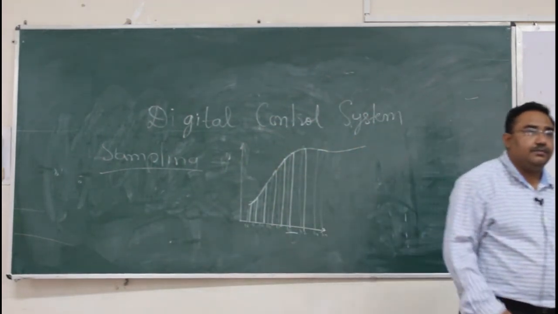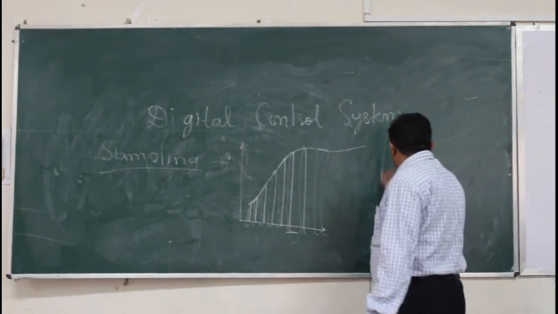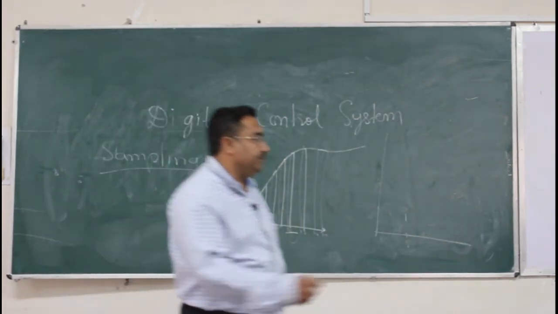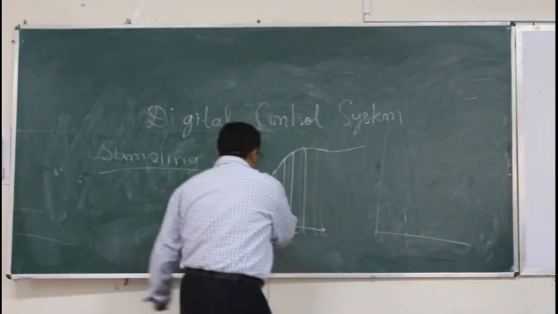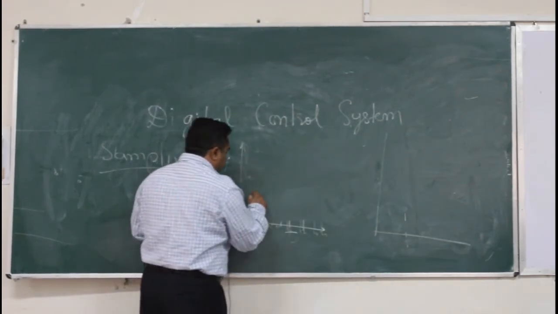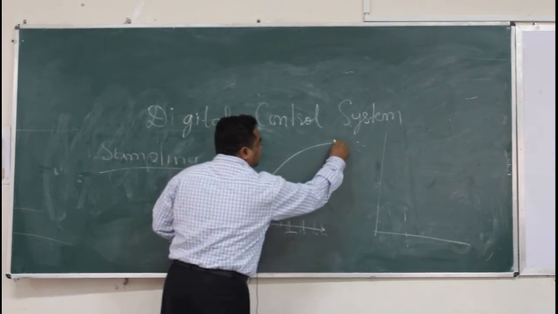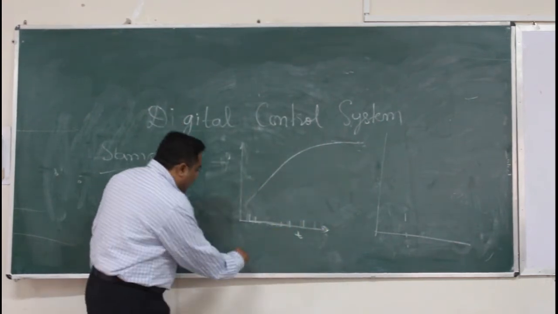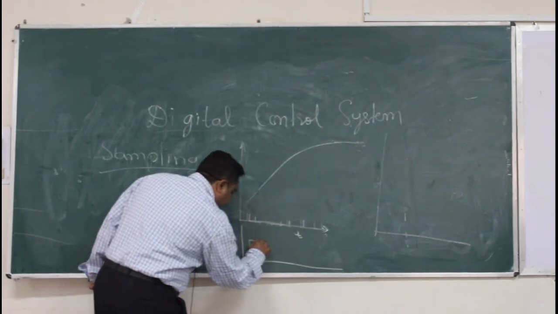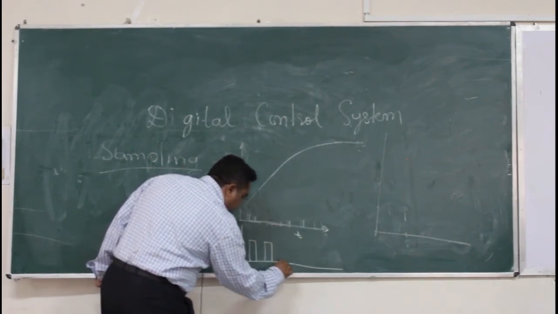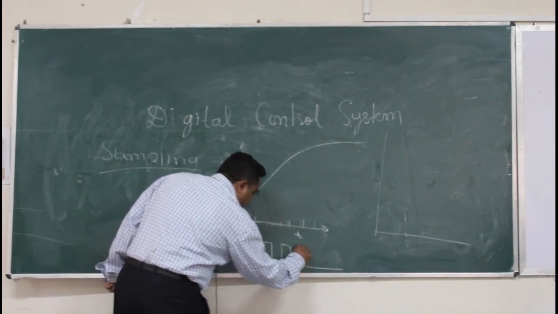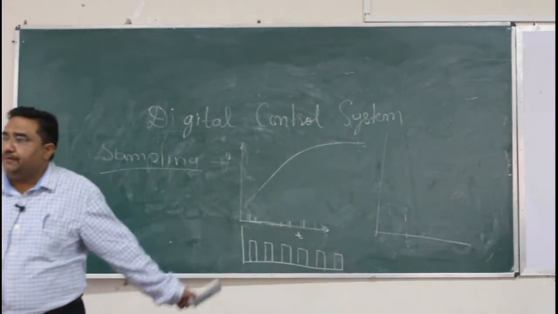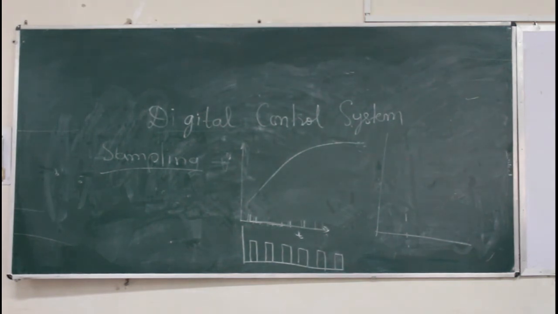So basically, when I am applying a pulse, like this. Is it clear or not? Okay, so what will be my output? You can imagine like this: this is a continuous signal, this is my time axis. Now I am applying pulses of equal amplitude and duration to this continuous signal.